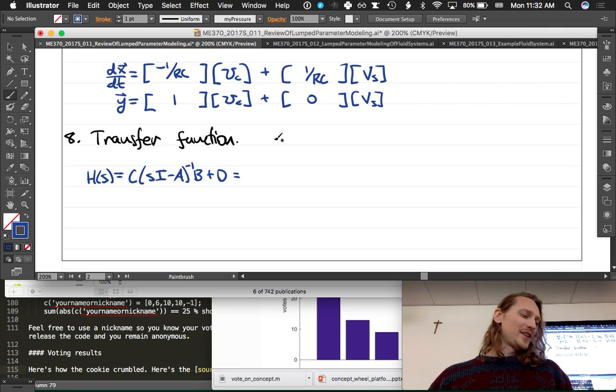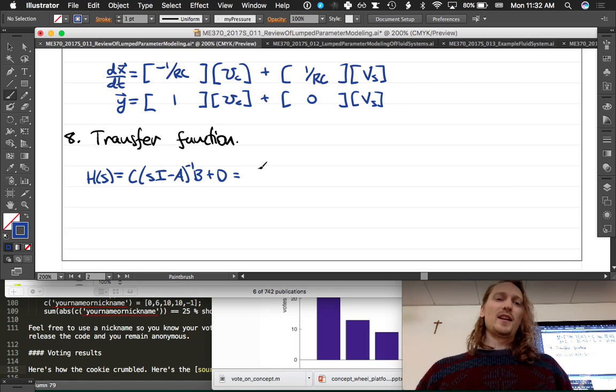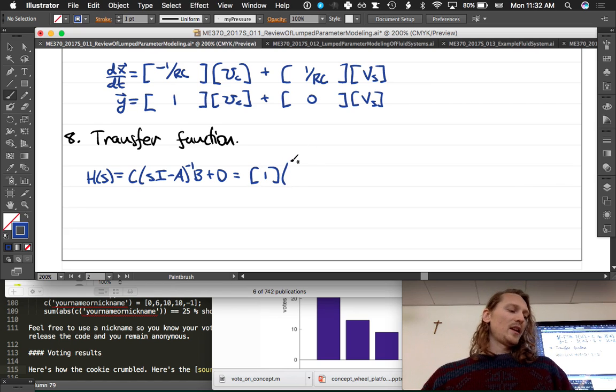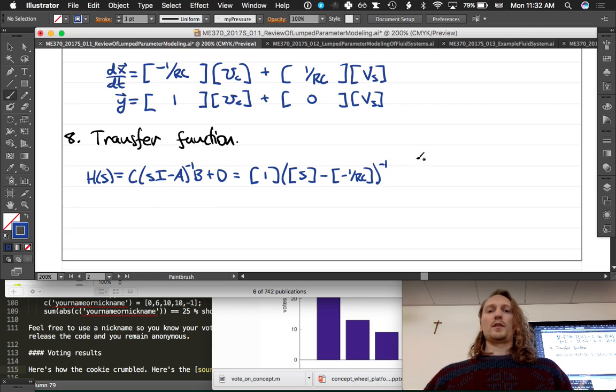So our C matrix is 1 times sI minus A, where the identity matrix for a 1 by 1 is just 1, so I'll just put the s in there, minus A, which is negative 1 over RC, inverse, B, which is 1 over RC, plus D, which is 0.